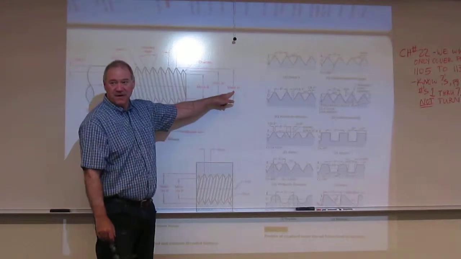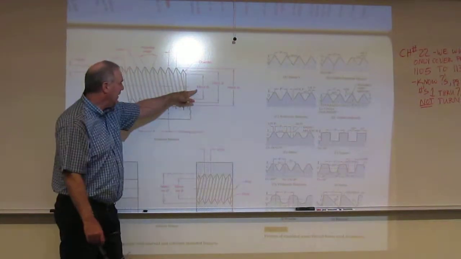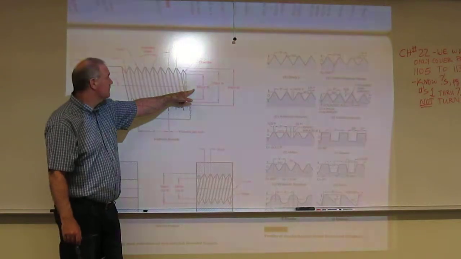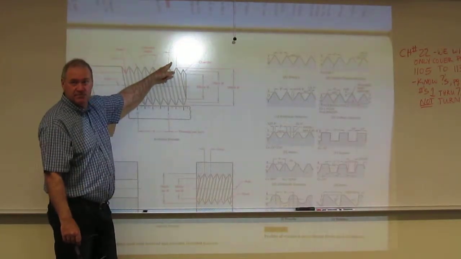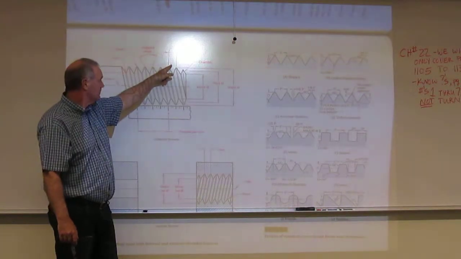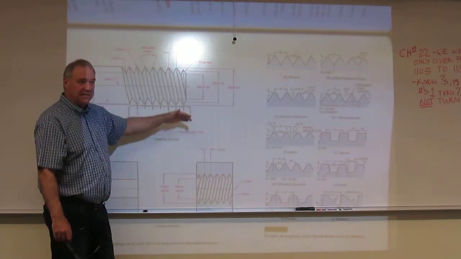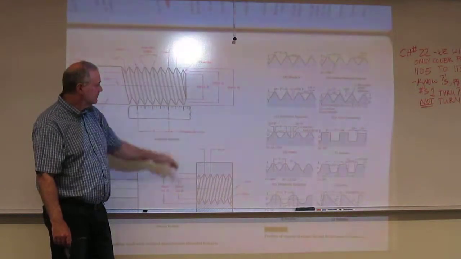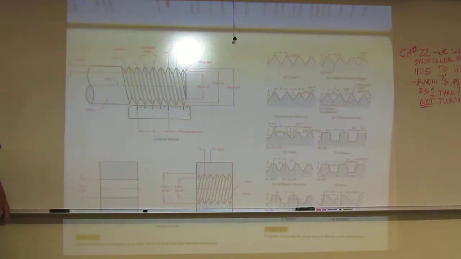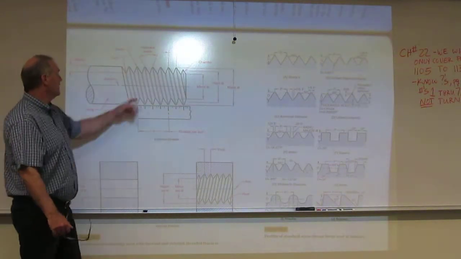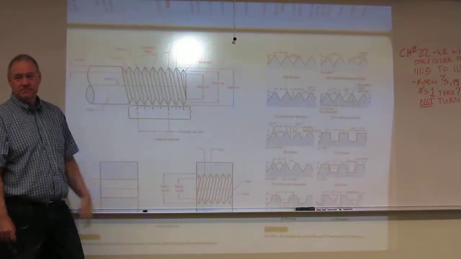We need the major diameter, the minor diameter, the pitch, and the TPI. I think that's all we really need for representing our threads. Well, if we're doing detailed representation, we need our included angle.